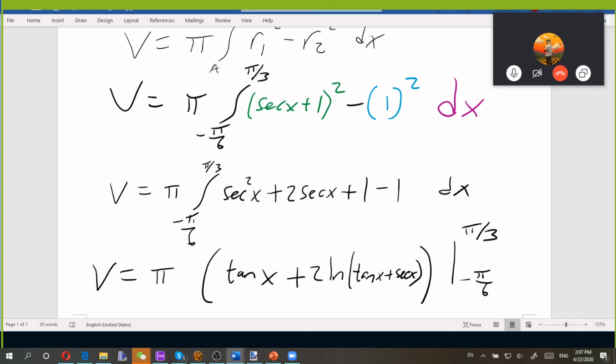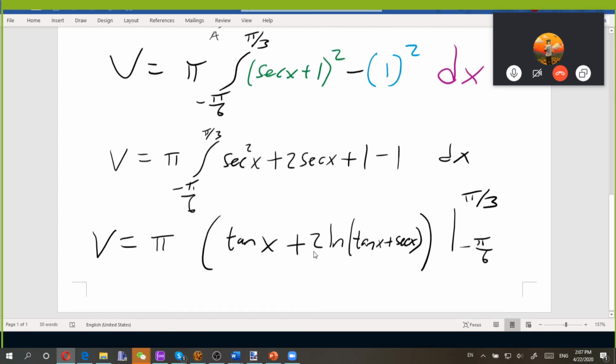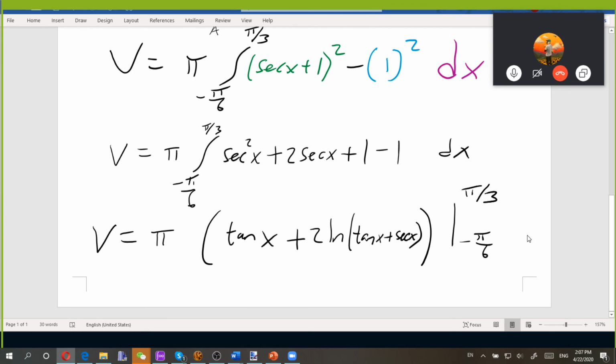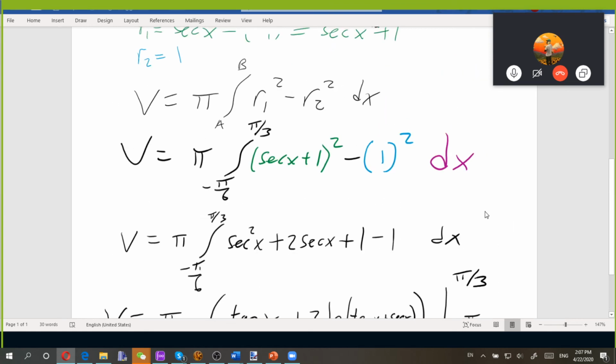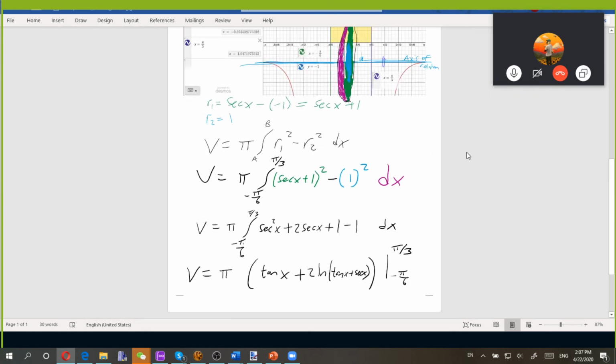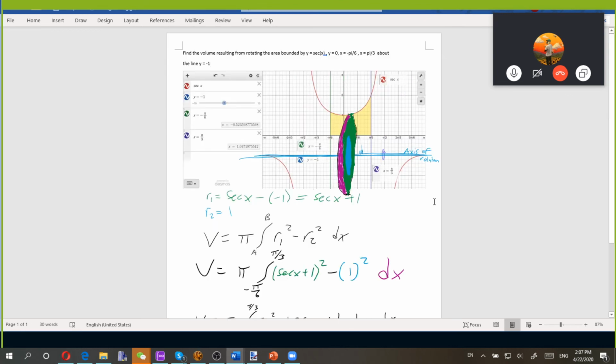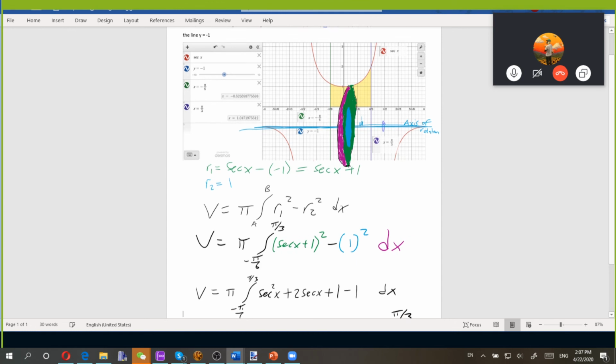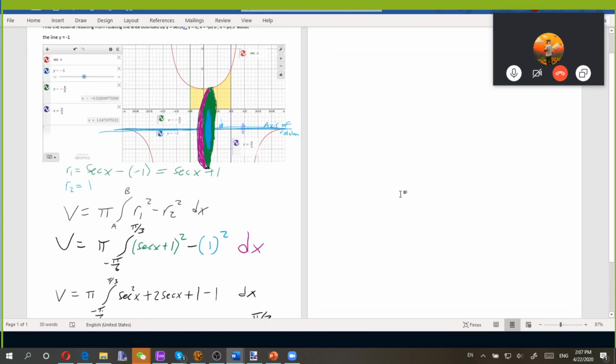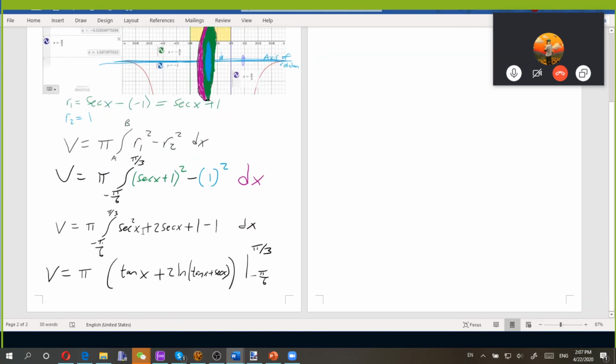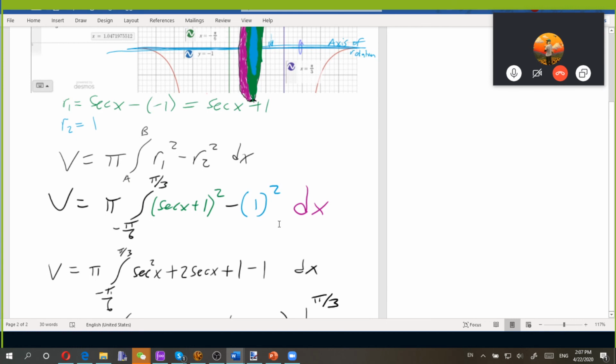Okay, so then I need to plug in these unit circle values to get our final answer, which I may need another page for. Okay, so I'm going to jump over to Tommy.